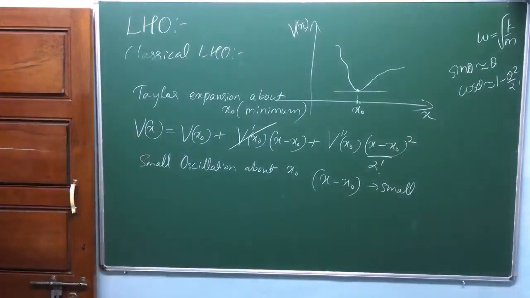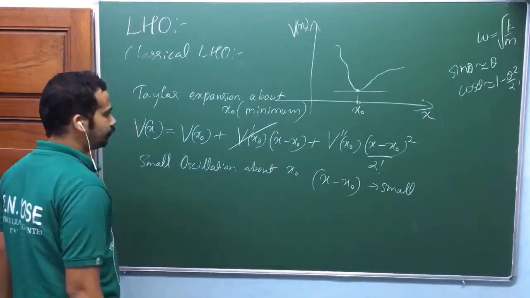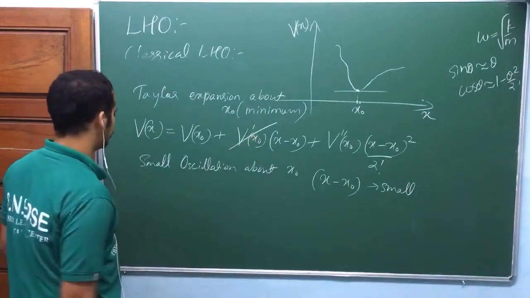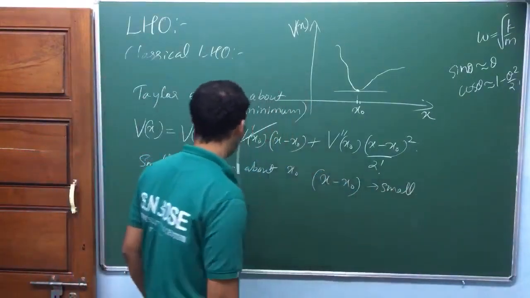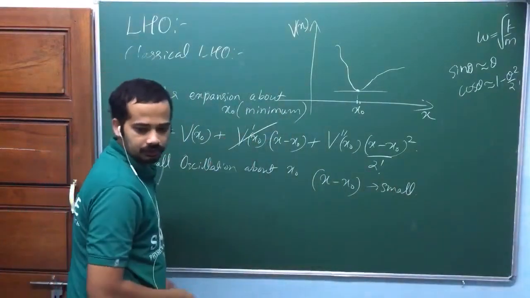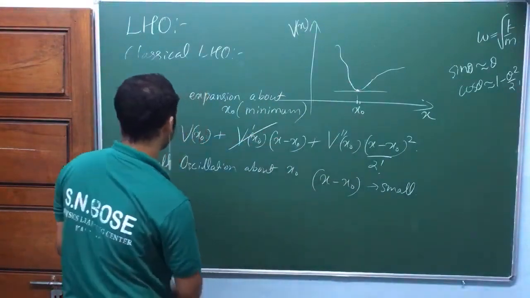Yeah. Now look at here. When I restrict myself to very nearby points near that stable equilibrium, what will happen? I can neglect higher order terms. I can just end it here. And this is already 0 because the first derivative at minima, that means the slope of the tangent, so the tangent is horizontal over there, isn't it?